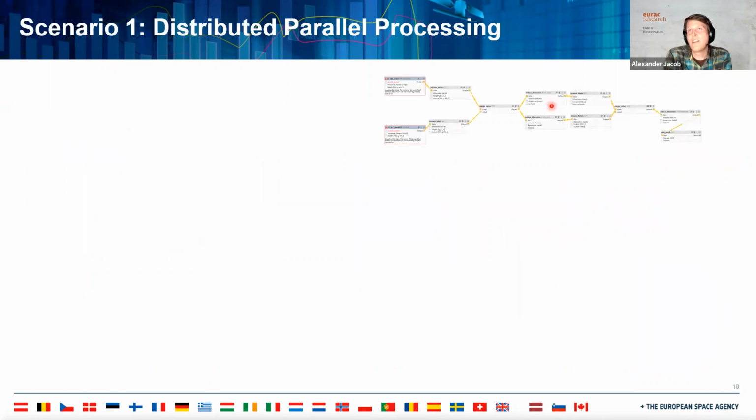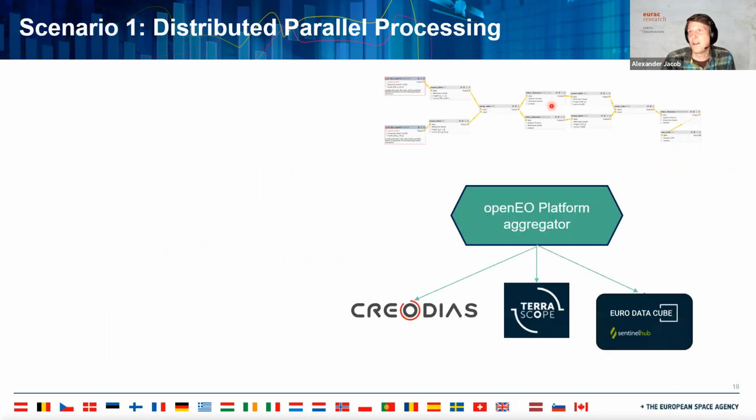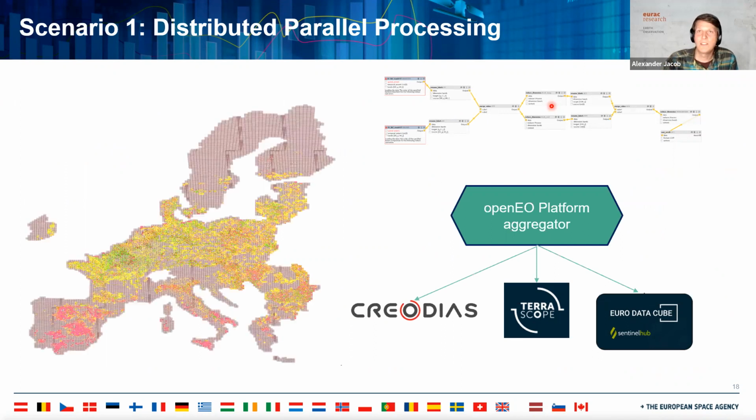Now the federation allows us to do a number of nice things. Apart from making it easier to work in different backends, you can also utilize the full potential by, for example, uniting the processing power of three processing centers to tackle very large jobs. For example, we most recently did a crop map of all the countries in Europe.